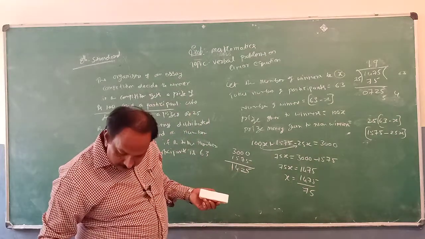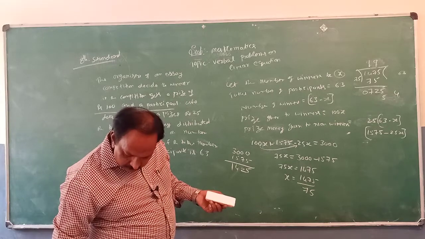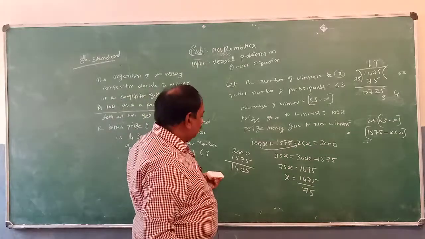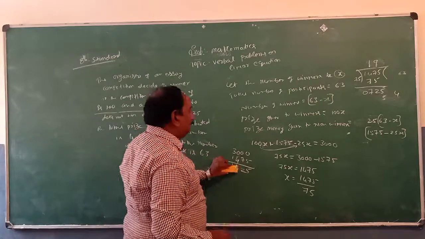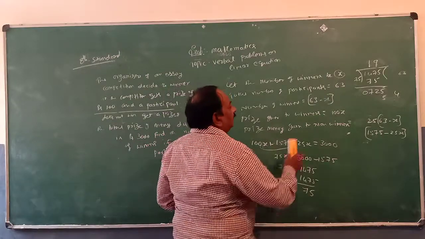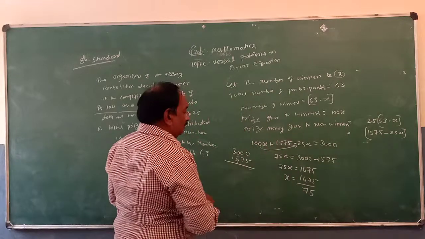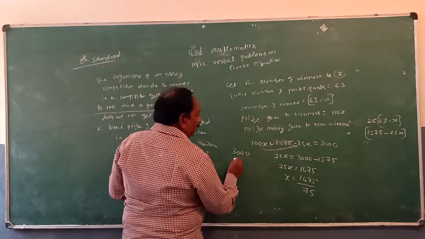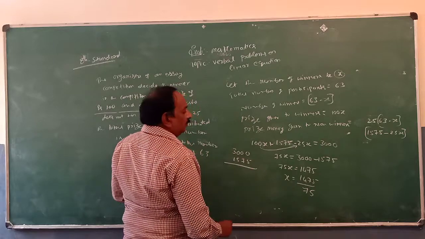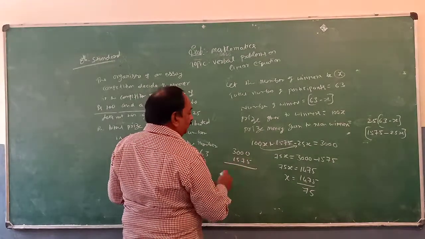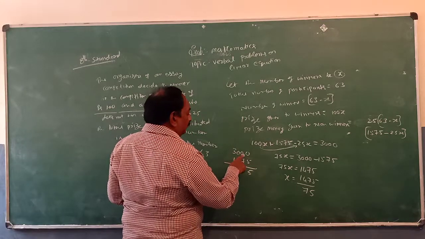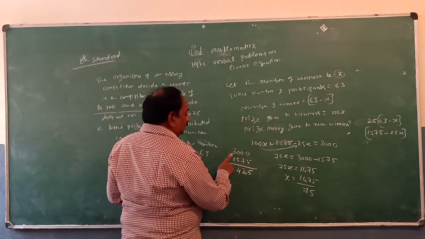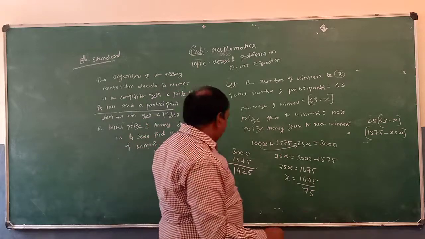I first wrote 1475, but something is going wrong. Sorry, I have made a mistake here. Let me check again: 3000 minus 1575. 10 minus 5, 5. 9 minus 7, 2. 9 minus 5, 4. 2 minus 1, 1. It is 1425.